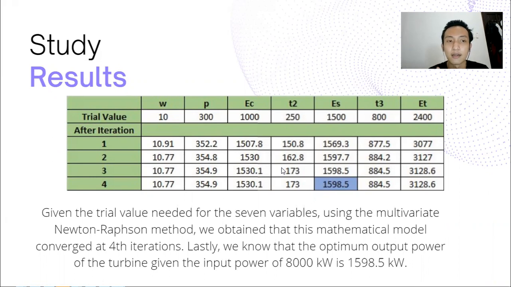As I said earlier, the objective of the study is to find the optimum output power of the turbine. With an input power of 8,000 kilowatt, we get the optimum output power of the turbine of 1,598.5 kilowatt. So yeah, let's continue.